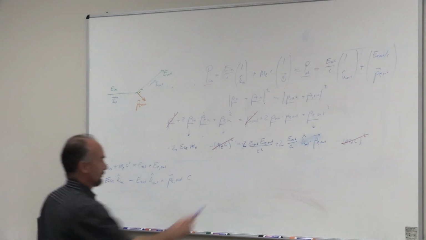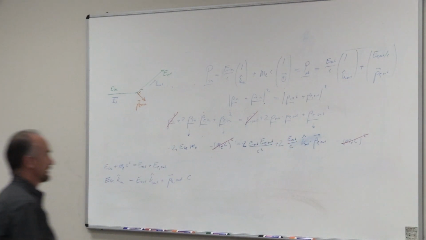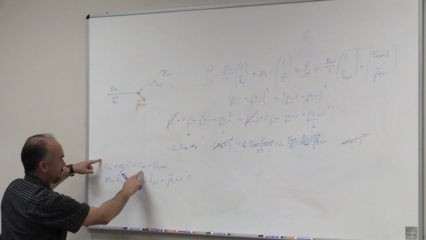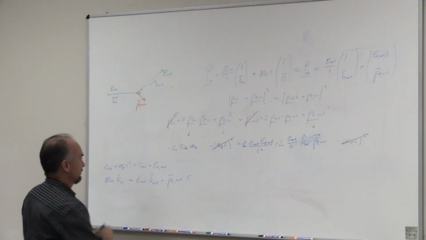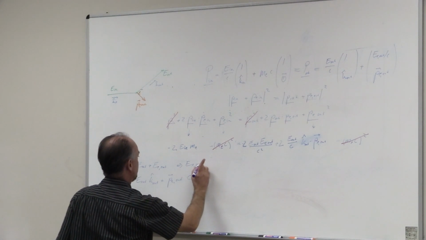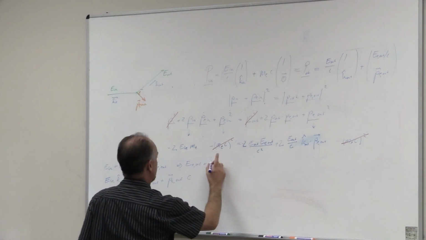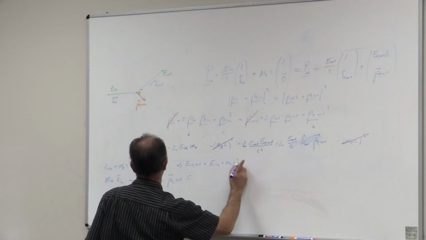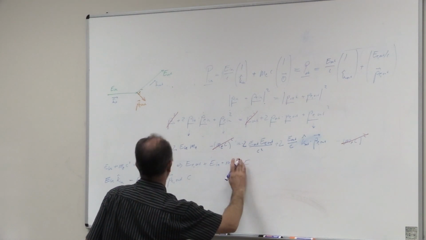Okay, now we can write everything out in terms of ingoing energy and outgoing photon energy. So just eliminate, so E_out equals E_in plus m_e c squared minus the outgoing photon energy.